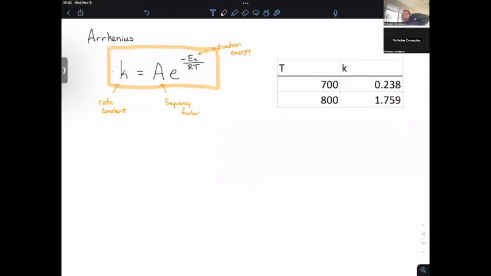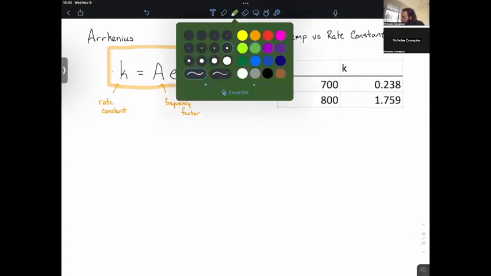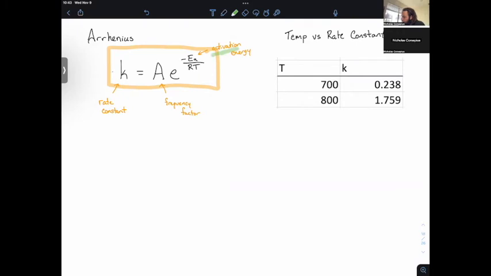What we need to be able to do is take this Arrhenius equation and analyze some temperature versus rate constant data in order to determine the activation energy for a given reaction, as well as the frequency factor.